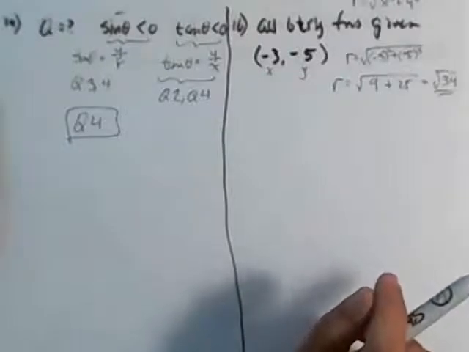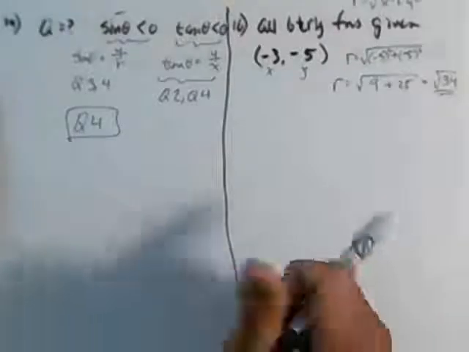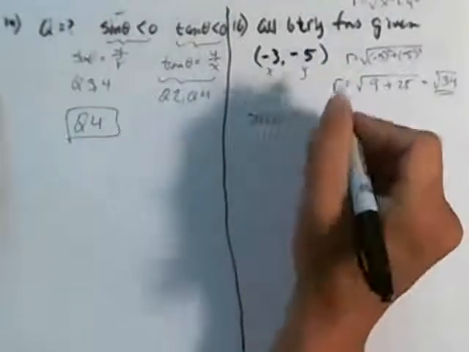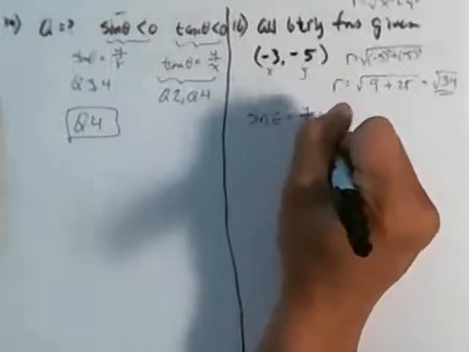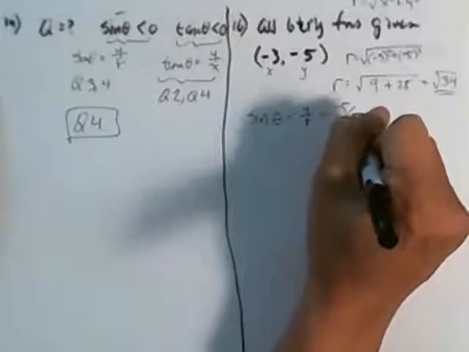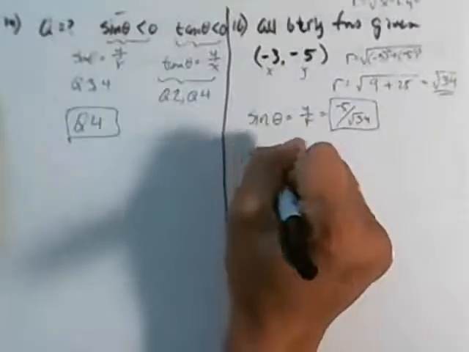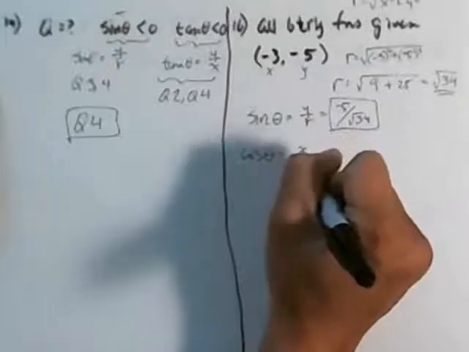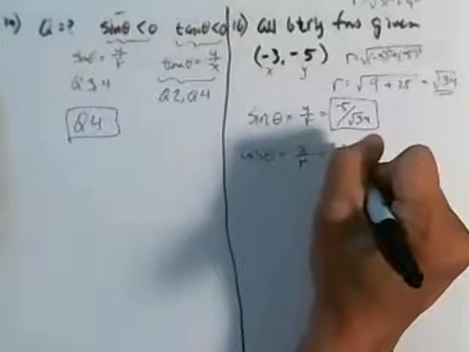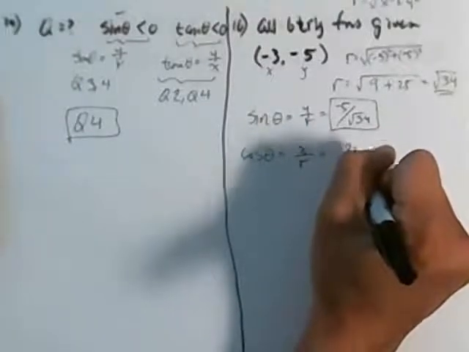Same type of problem as number 16, the original problem. So we're going to find sine of theta. Sine of that angle is going to be y over r. Y is negative 5 over root 34. Cosine of the angle is equal to x over r, the adjacent over the hypotenuse, which is going to be negative 3 over root 34.